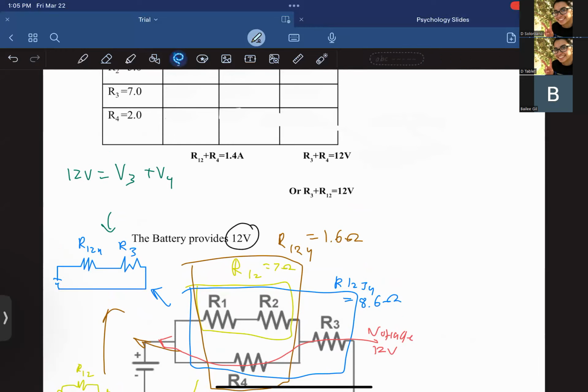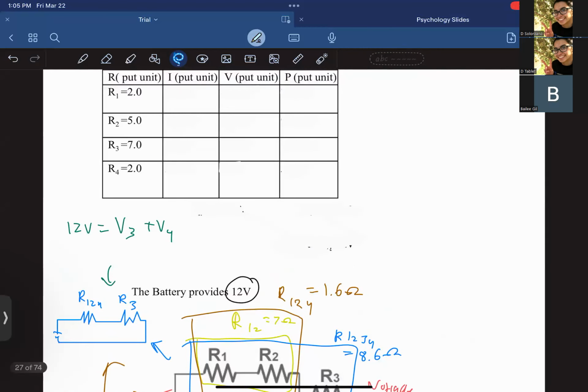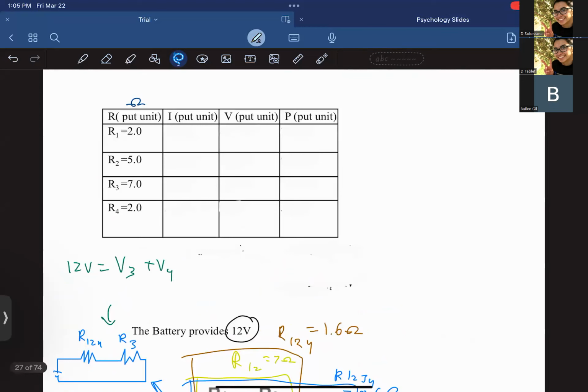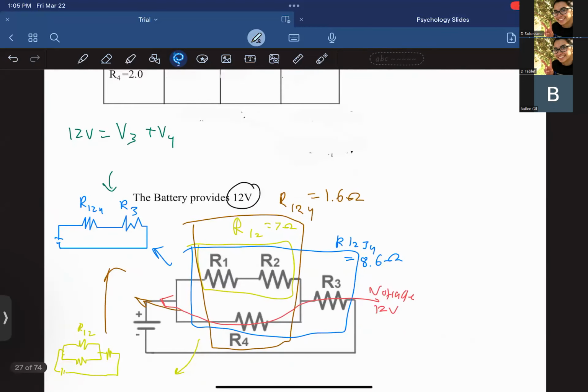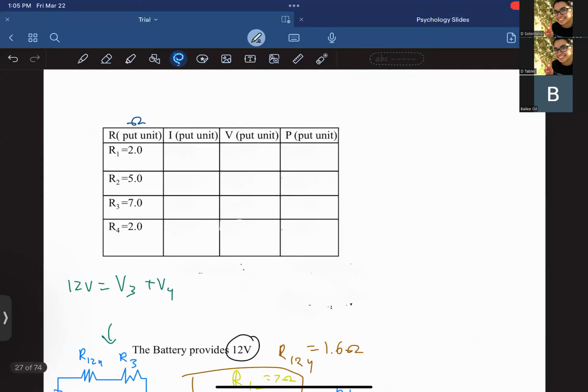No, go ahead and move. So I guess we just have to pick one to start. I feel like R3 might be a good one to start.